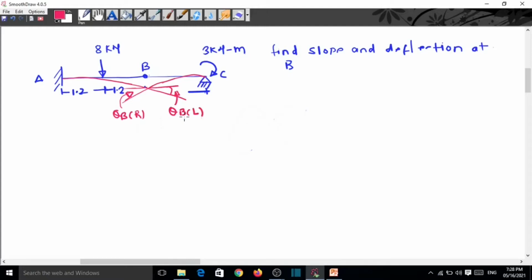Now here we are separating this beam. We apply only the moment and draw the bending moment diagram.